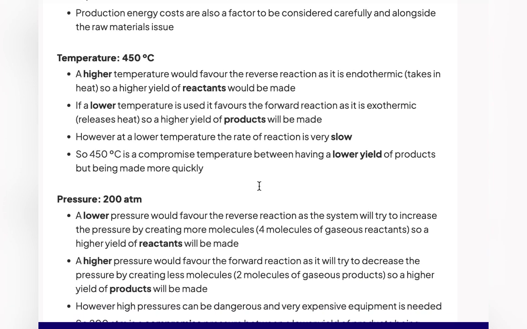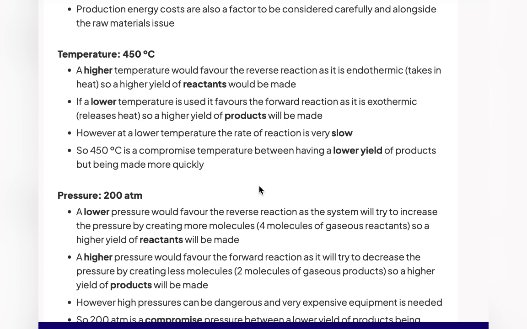If a lower temperature is used, it favors the forward reaction. Lower the temperature, it will favor the forward reaction as it's exothermic. It releases heat and also gives you a higher yield of ammonia. However, a lower temperature will affect the rate of reaction and make the reaction slow.